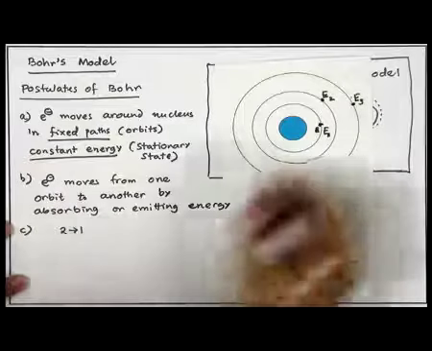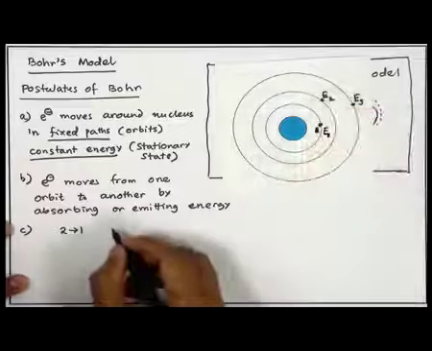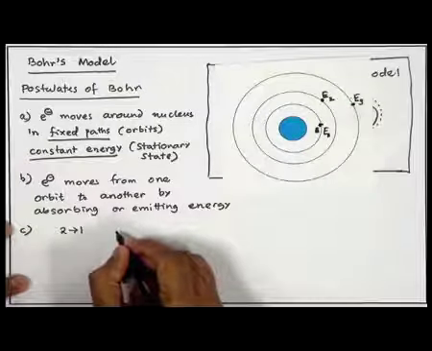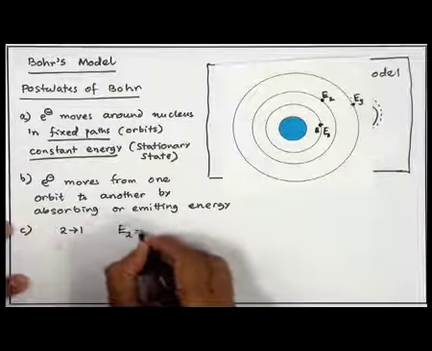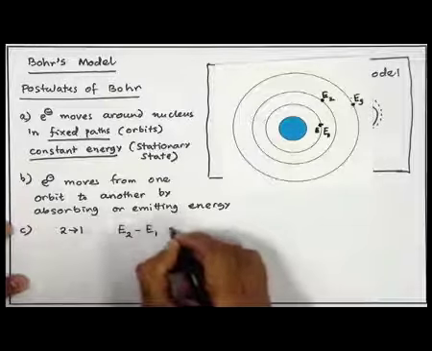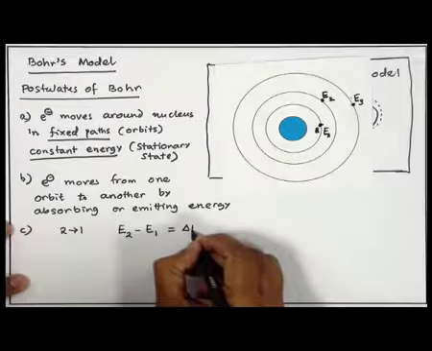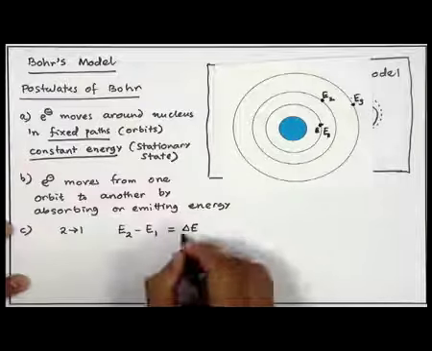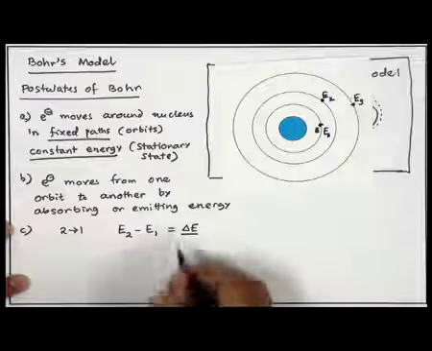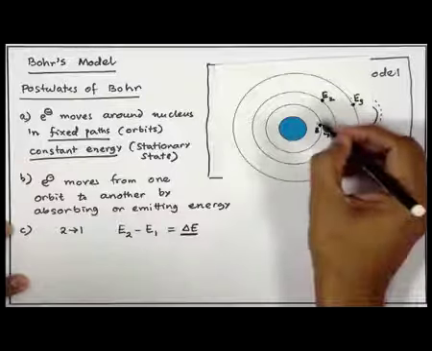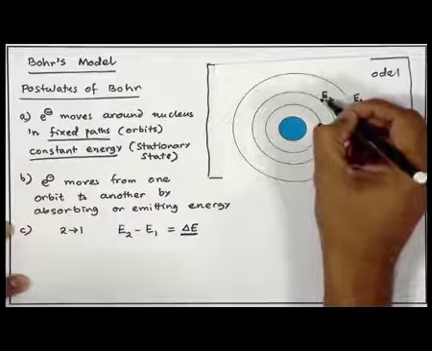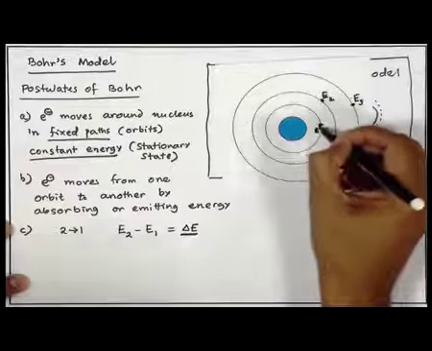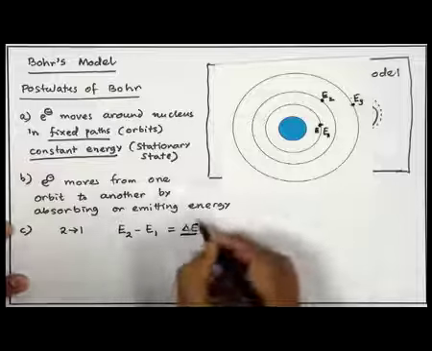So, 2 to 1, if we say the emission from stationary state 2 to stationary state 1, the energy difference between the two states is E2 minus E1, which let us call a fixed number, delta E. If the electron is coming from stationary state 2 to stationary state 1, this much energy it will emit.